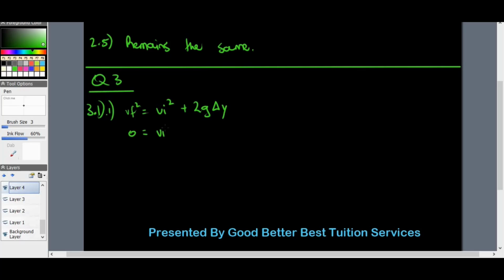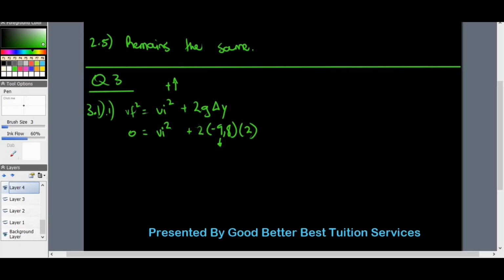Vi is what we are looking for, so Vi squared is unknown. Plus, the object is going upwards, so hence I'm going to choose upward as positive. So therefore, whatever is going downwards must be negative 9.8, because gravity is going down. Okay, and upwards is my positive motion or direction. And that's multiplied by 2.